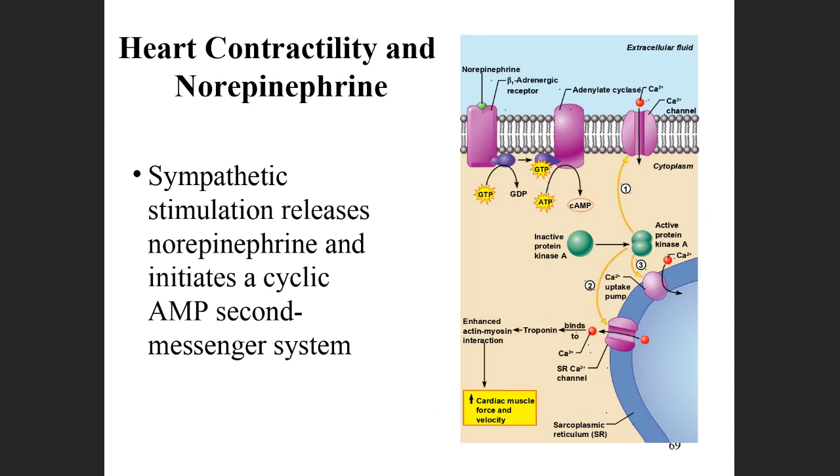Alrighty. And how does norepinephrine or epinephrine work in contractility? Mechanistically, it works through intracellular signaling via the cyclic AMP level. You really don't need to know this, but here is the key.